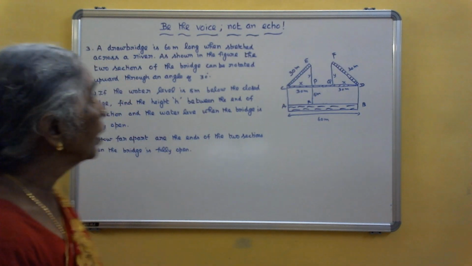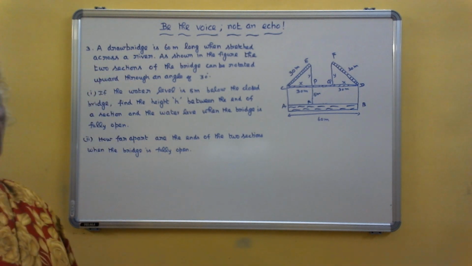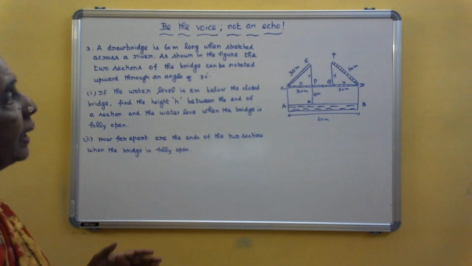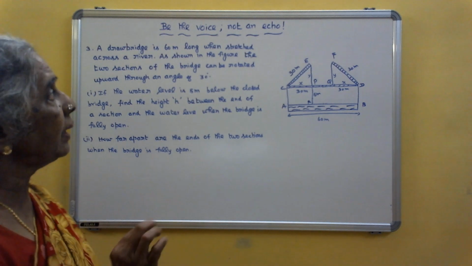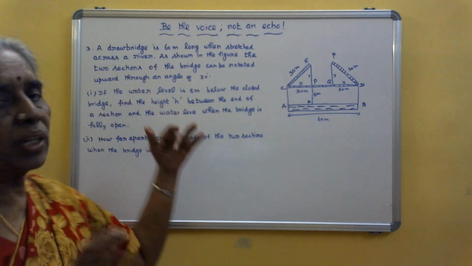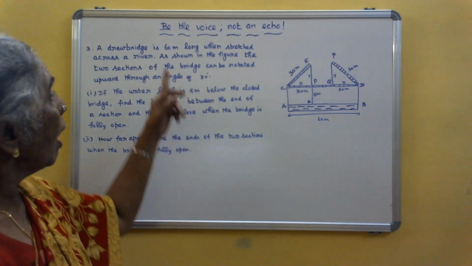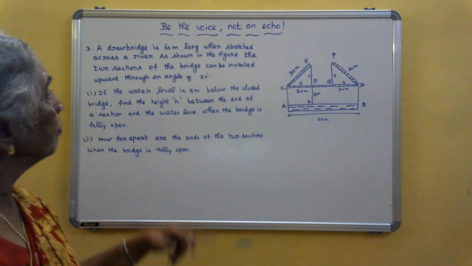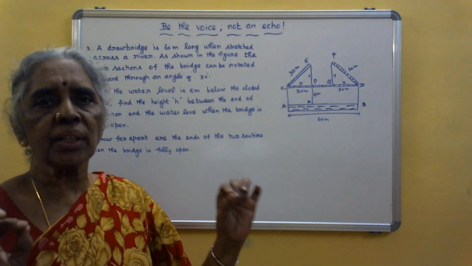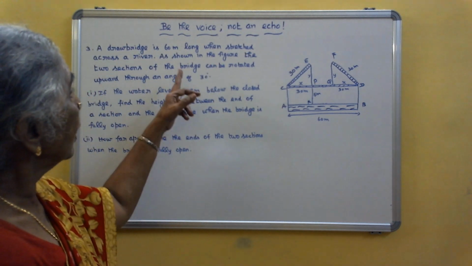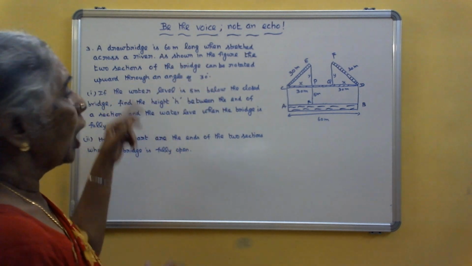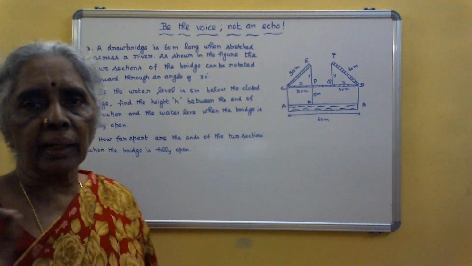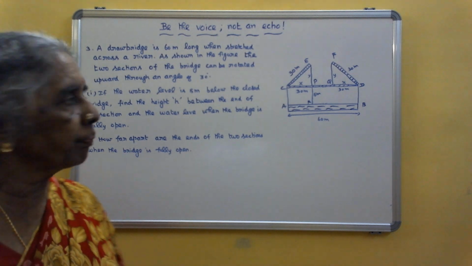Third sum. A drawbridge is 60 meters long when stretched across a river. As shown in the figure, the two sections of the bridge can be rotated upward through an angle of 30 degrees.